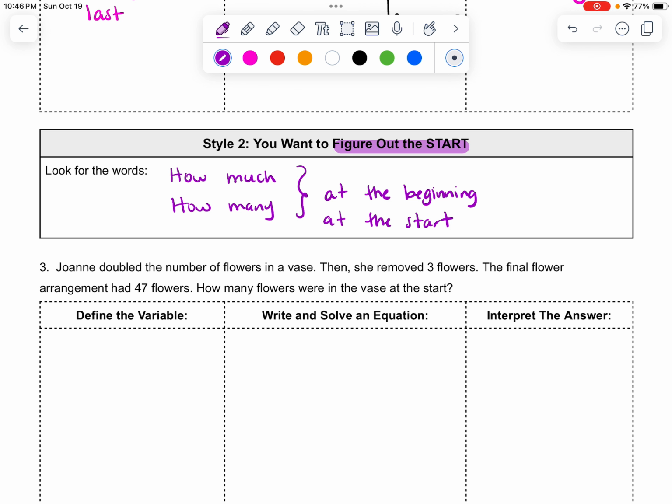If you see how much or how many were there at the start or at the beginning, it's a clue that you're using a different style of equation. This problem is not going to have a beginning number like a one-time number and a pattern and a total. Instead, it's going to have a list of operations that you're going to turn into an equation.